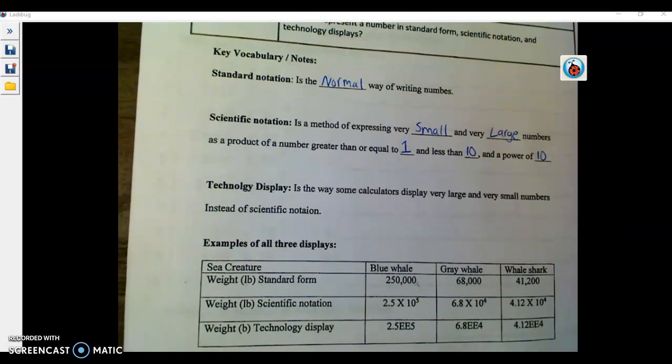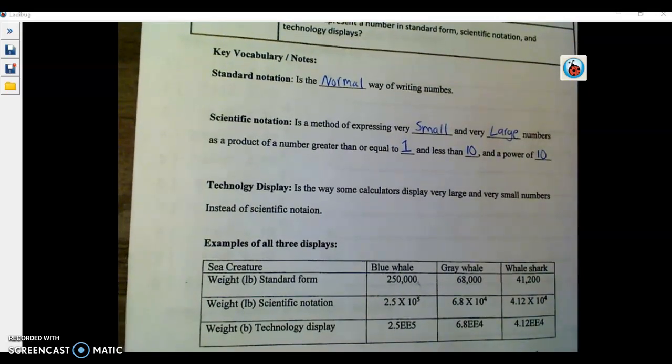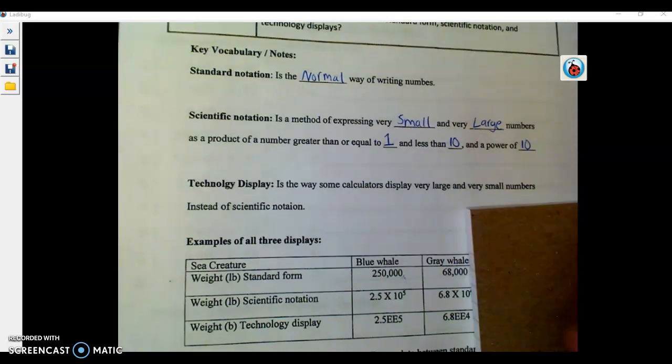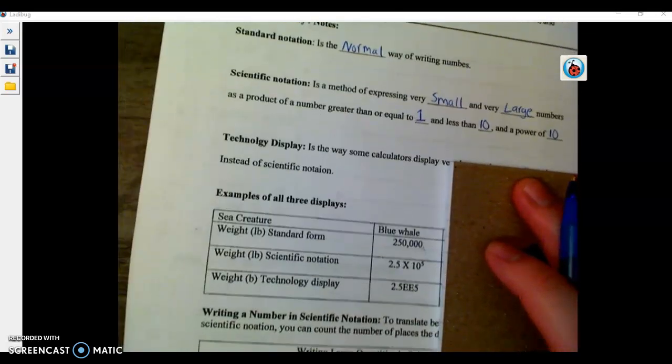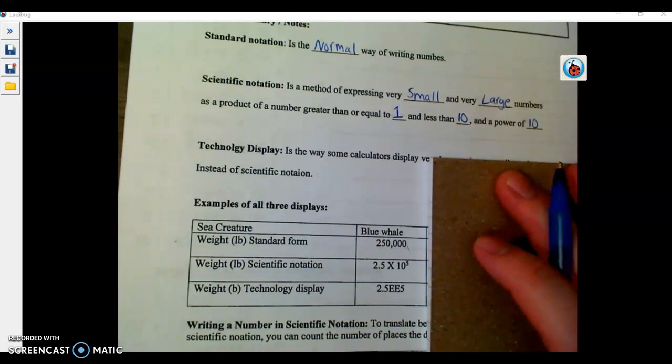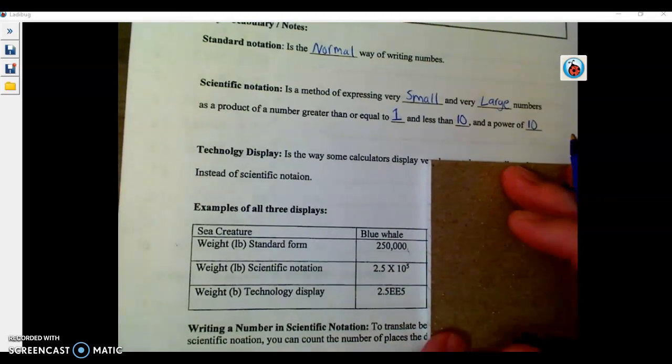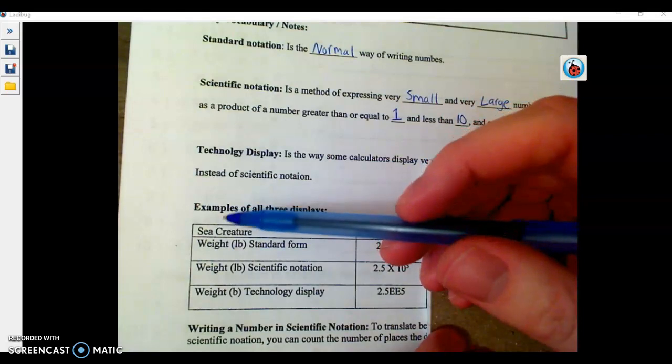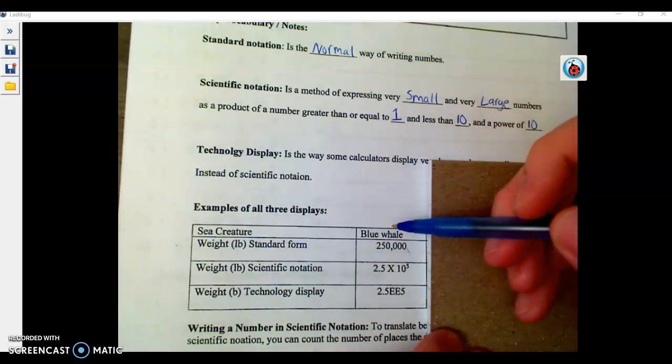Alright. So for these example displays, we are going to talk about these one at a time and how it works. So, examples of these three displays. If we're talking about sea creatures, the first sea creature I want to talk about is a blue whale.